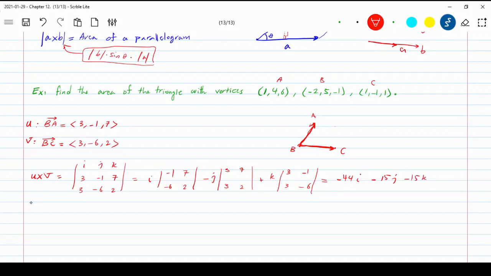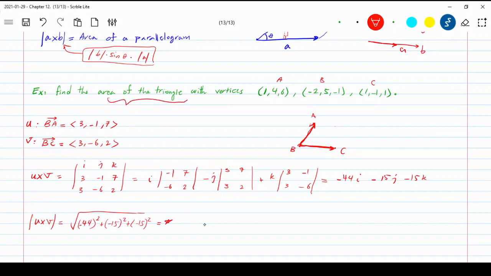Okay, so what would be the magnitude? u cross v would be the square root of negative 44 squared, plus negative 15 squared, plus negative 15 squared. And whatever this number is, let's say star. You can calculate this using a calculator. So what would be the area of the triangle?